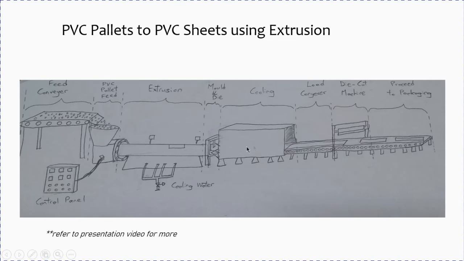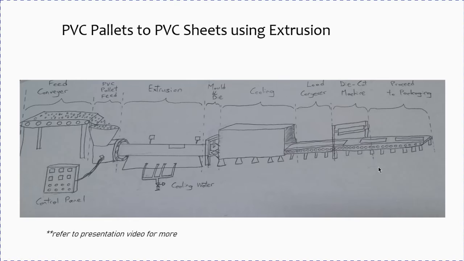After that, the material is cooled in a long cooling zone and conveyed to the die cut machine area for proper sizing. Eventually, the finished PVC sheets are sent to packaging, ready for selling.